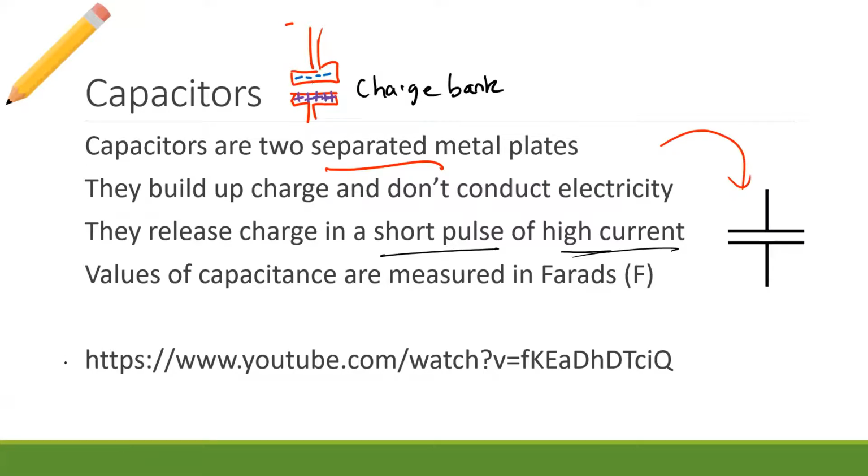And all these electrons are going to say, well, I don't want to be here anymore. There's no current, so I'm going to leave. And all of that charge leaves all at once. So you get a short pulse of high current because there's a lot of electrons moving. And because all those charges move really quickly, they can still travel through the circuit and make the circuit light up or do something.